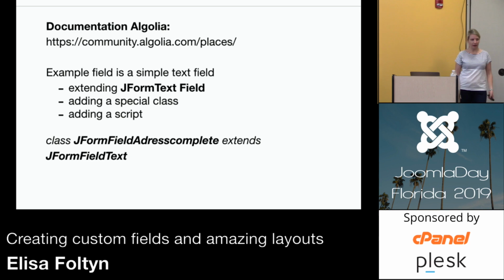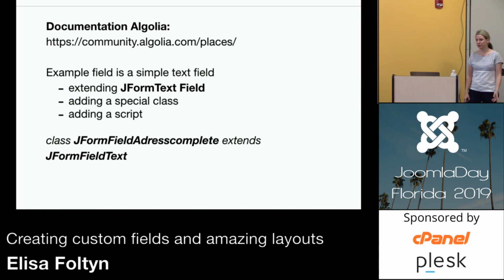How did I create this travel field with the autocomplete? I just Googled. There was Algolia, and there was a tutorial on how to implement the autocomplete on a text field. It's basically extending a JForm text field, adding a special class to the field, and loading a JavaScript file.